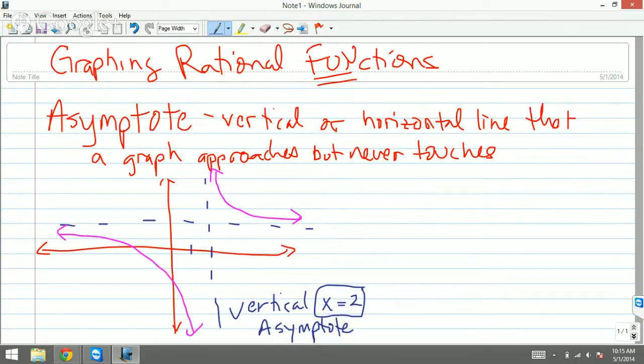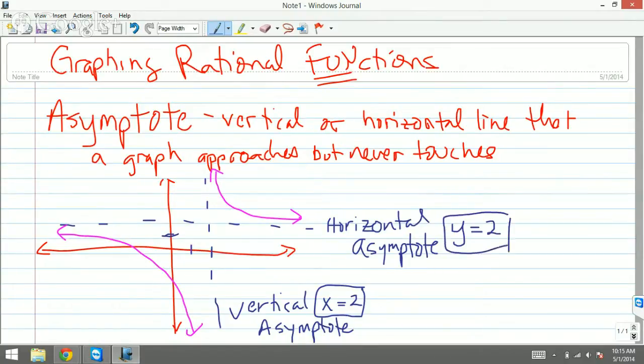This would be a horizontal asymptote. What's the equation of that line? Yep. They're really easy to identify in a rational function.